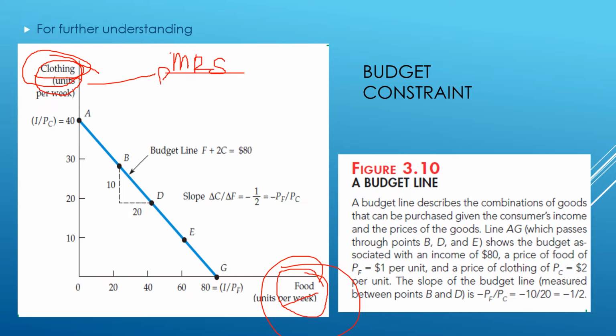And the same is true when it comes to the slope of the budget line, which is considered to be the negative Px, or the negative price of the good x divided by the price of y. So it is negative, which also explains a diminishing relationship, the same as with this one.